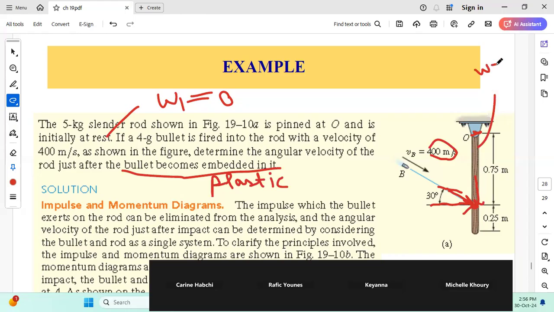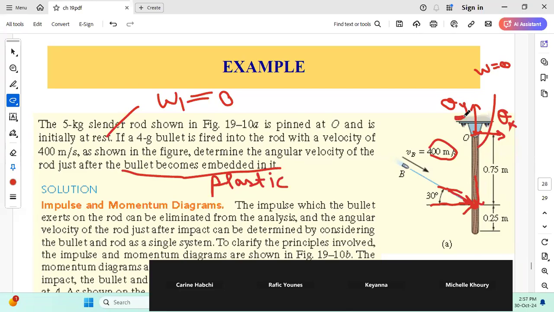Whenever you have collision, you can think about linear momentum or angular momentum. But if you want to apply linear momentum, you need to solve for the reaction at O in x, which is unknown. So since the reaction at X is unknown, if you do linear momentum, you will add an unknown to your equations. So it's better to start with angular momentum.